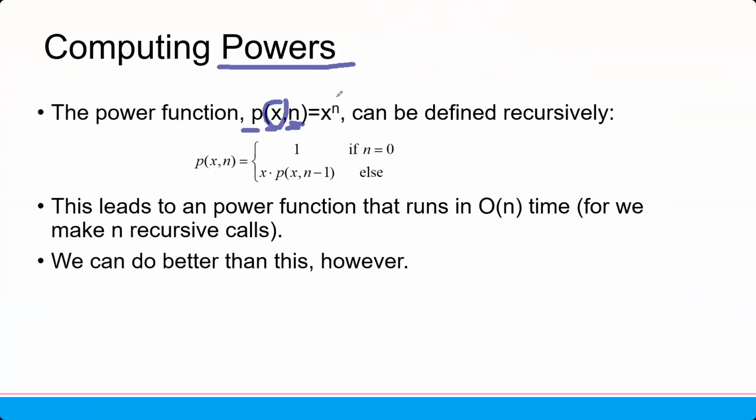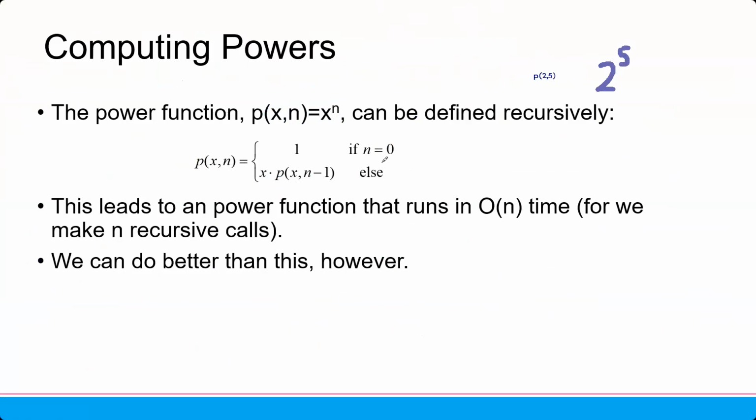The exponent means x to the power of n. If I have p(2, 5), it means 2 to the power of 5.